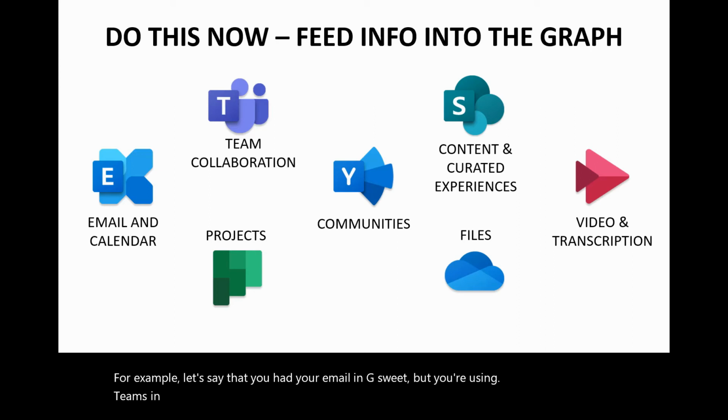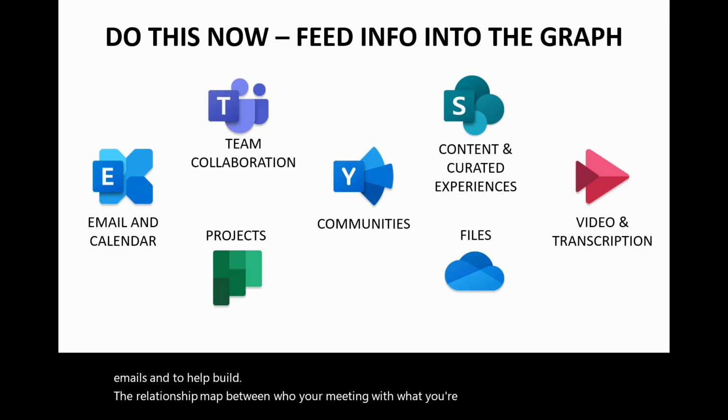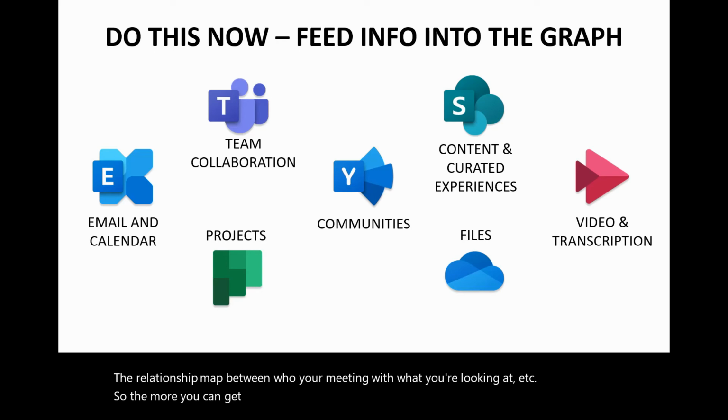It's going to miss a lot of context from not having the information in your emails and calendar to help build the relationship map between who you're meeting with, what you're looking at, etc. So the more you can get in here, the more value you're going to get in the long run from this investment.